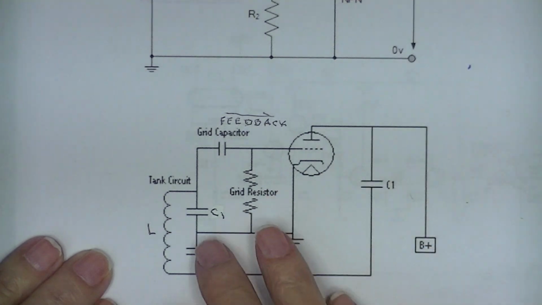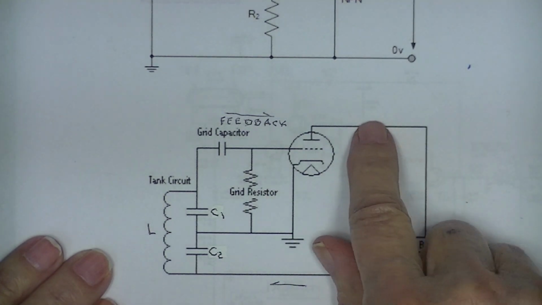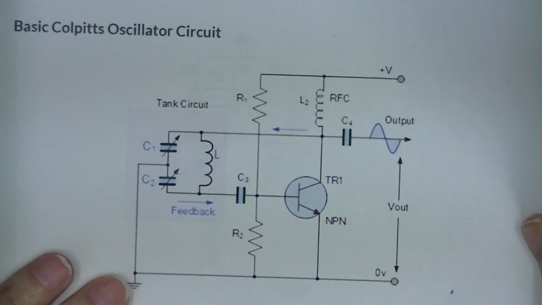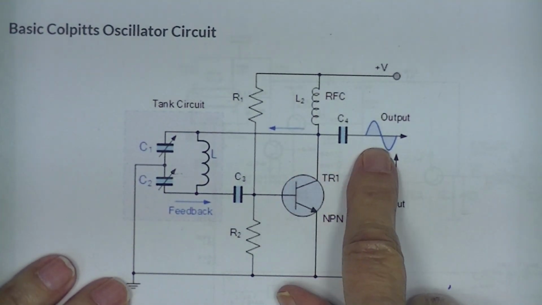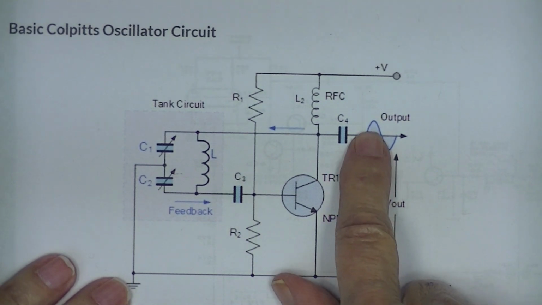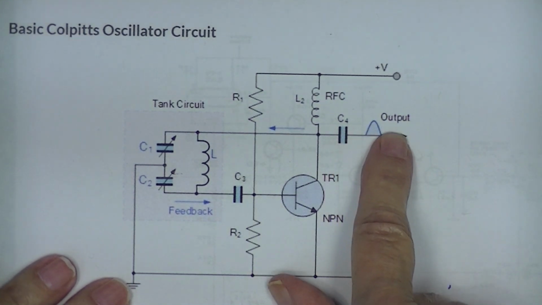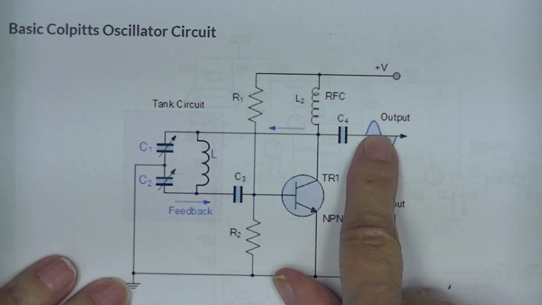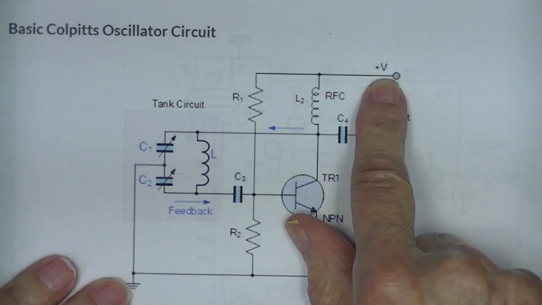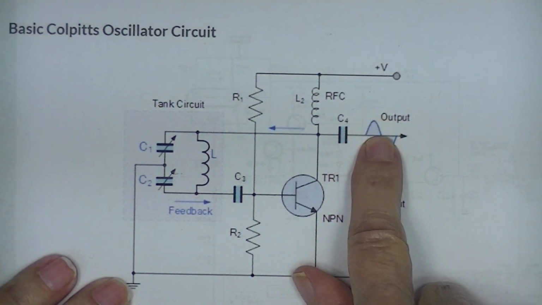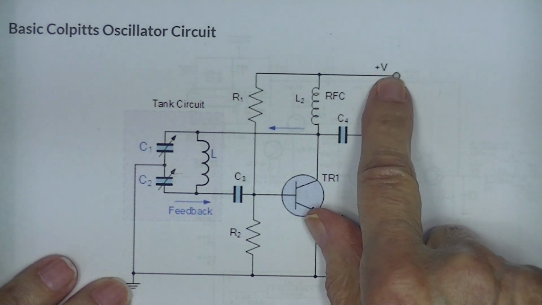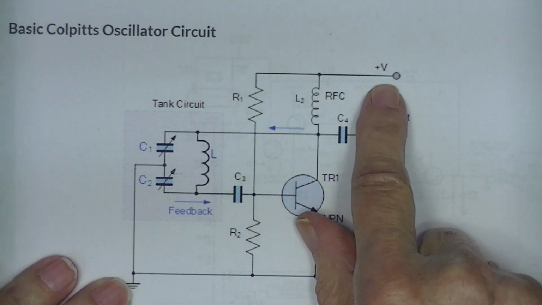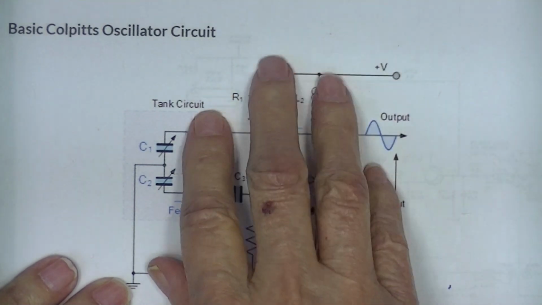With either one of these amplifiers, the output signal, which is taken here or here, the amplitude of this, either RMS or peak to peak, whatever, varies more or less directly with the input voltage. If I want a bigger sine wave, I increase this voltage. So I can control the amplitude of the output by controlling the input voltage to the gain stage.